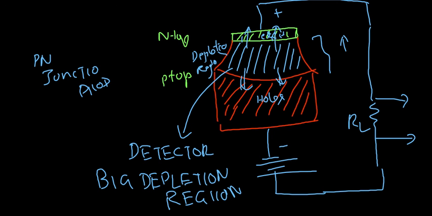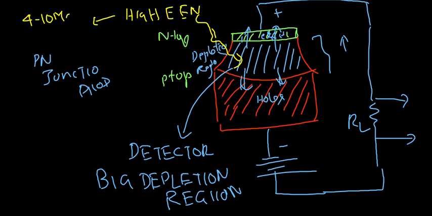Now the interesting thing happens. I will make the radiation interact; I'll make the radiation fall on the semiconductor. We know that the incoming radiation has very high energy, typically 4 to 10 million electron volt (MeV).